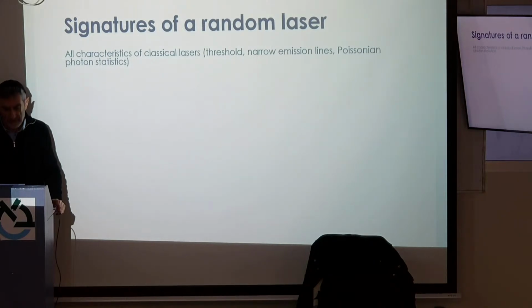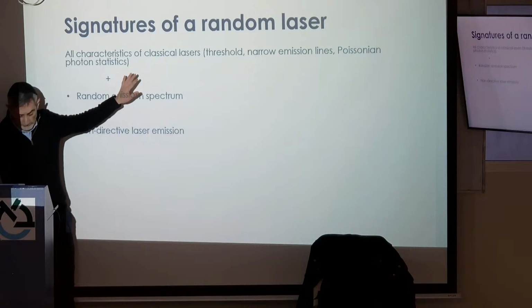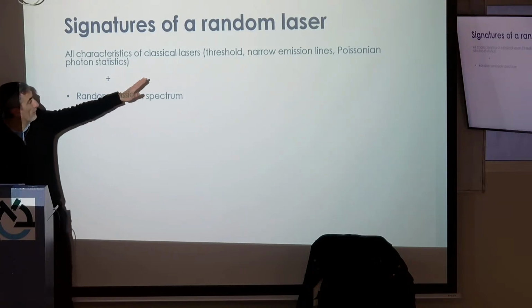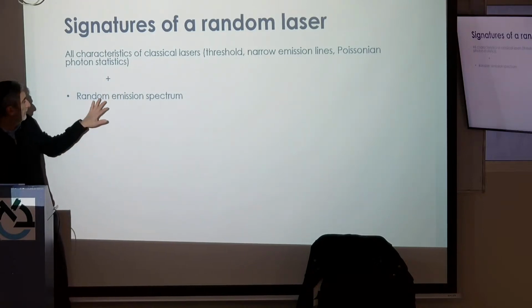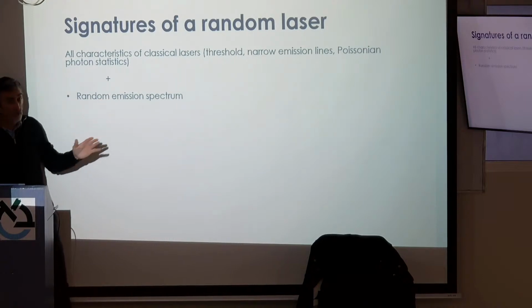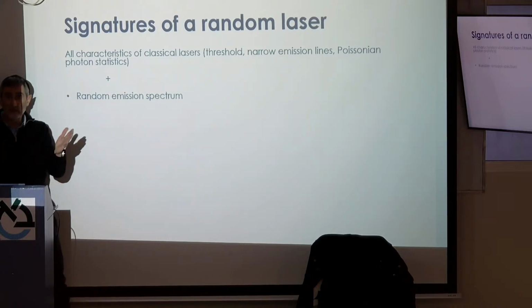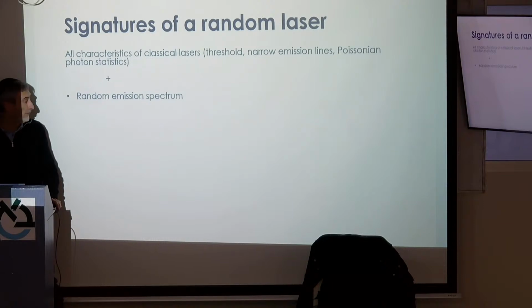So what are the signatures of a random laser? It has all characteristics of a classical laser: you will have a threshold, a narrow emission line, but the spectrum is random. That means you don't know where to expect emission in the spectrum.